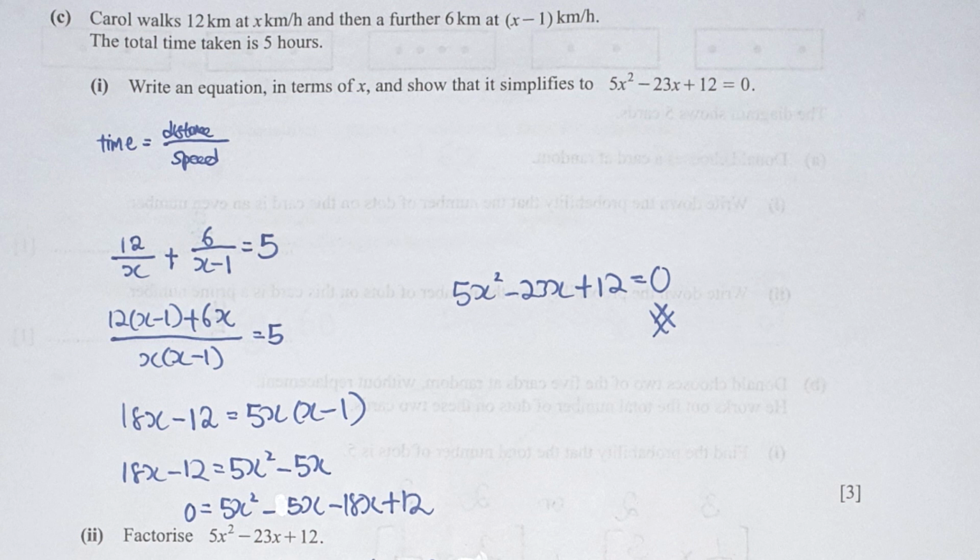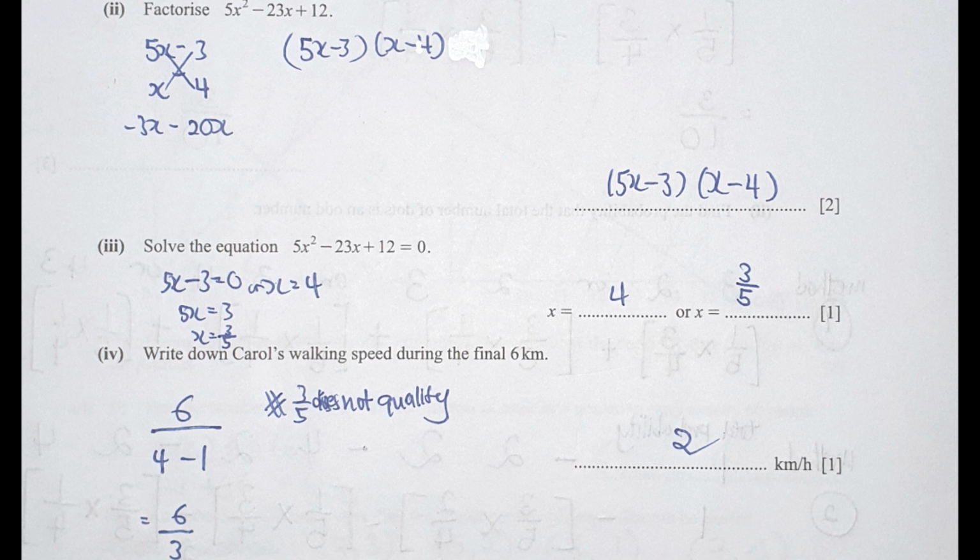After the rearrangement, which the detail was shown there, you should have no issue identifying your final result of 5x squared minus 23x plus 12. So to factorize this, I break down 5x squared into 5x times x and 12 into 3 times 4.